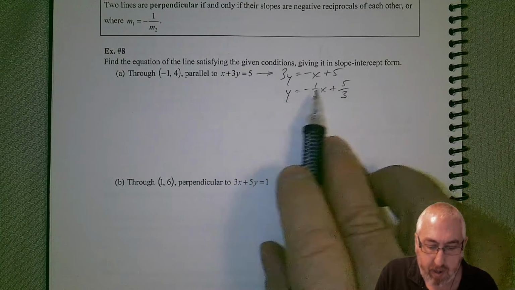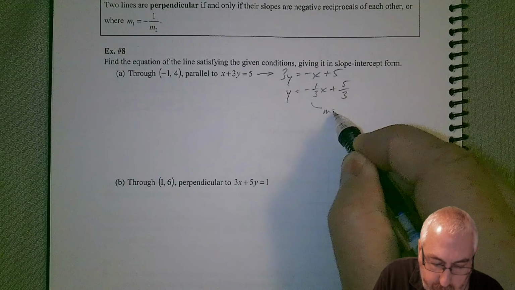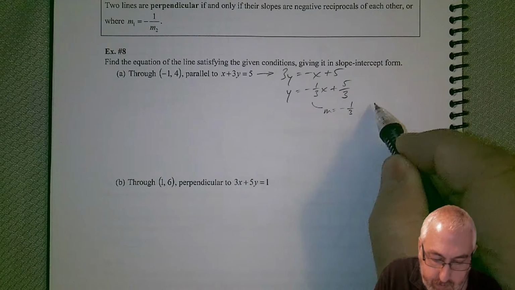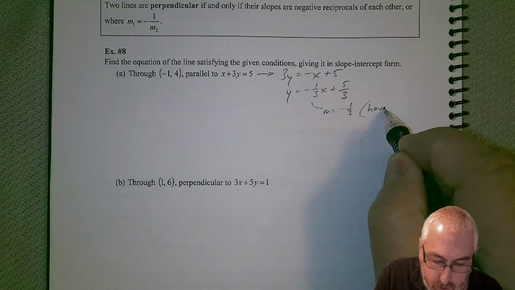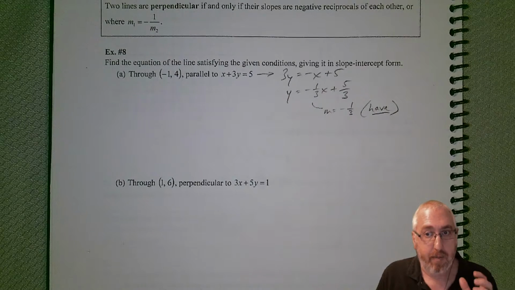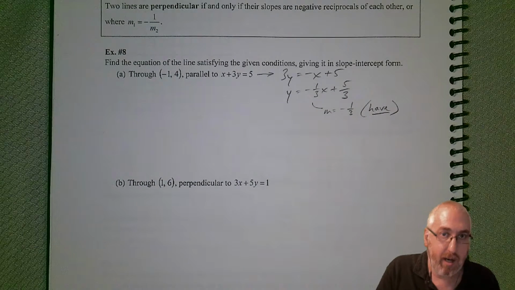So now we have our slope. M is equal to negative 1/3. So this is what we have. So what do we need? So that's the thing. We have what we have, we need what we need.